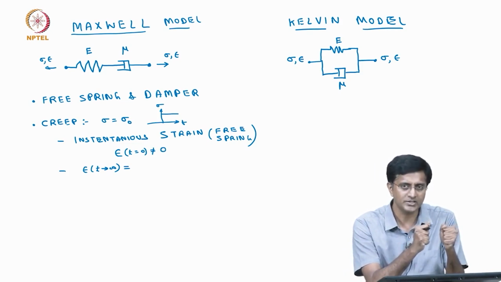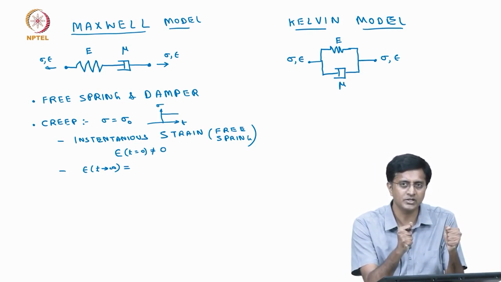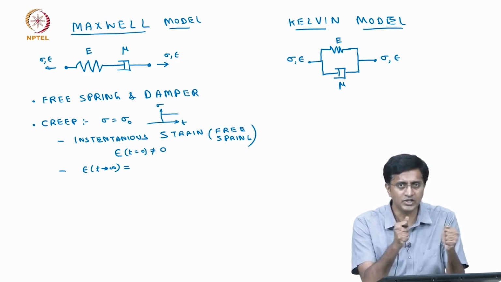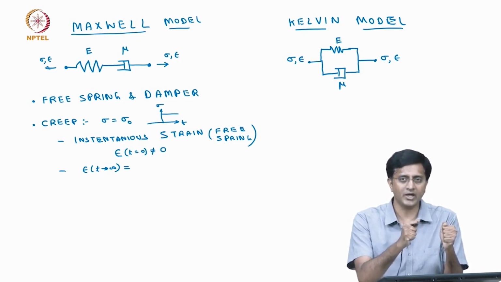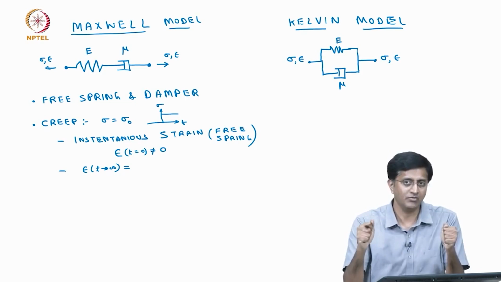For the spring, there is an instantaneous deformation, and after that there is no more deformation. Even if you wait for a long time, since the load is not changing, the strain also will not change. But if we think about the damper, initially there is no deformation, but once you give it enough time, it keeps deforming. And will it stop?